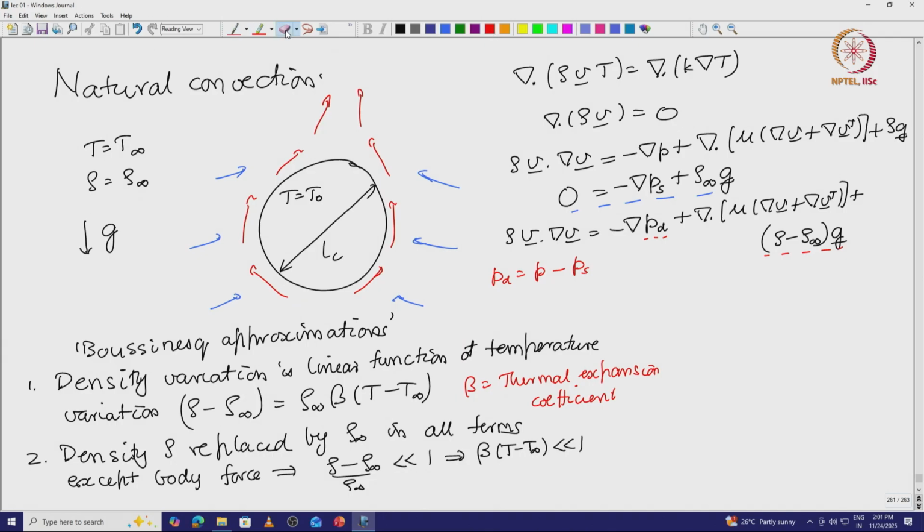Therefore, because of this body force, there is a continuous rise of fluid and sweeping in of ambient fluid to fill in the available space.